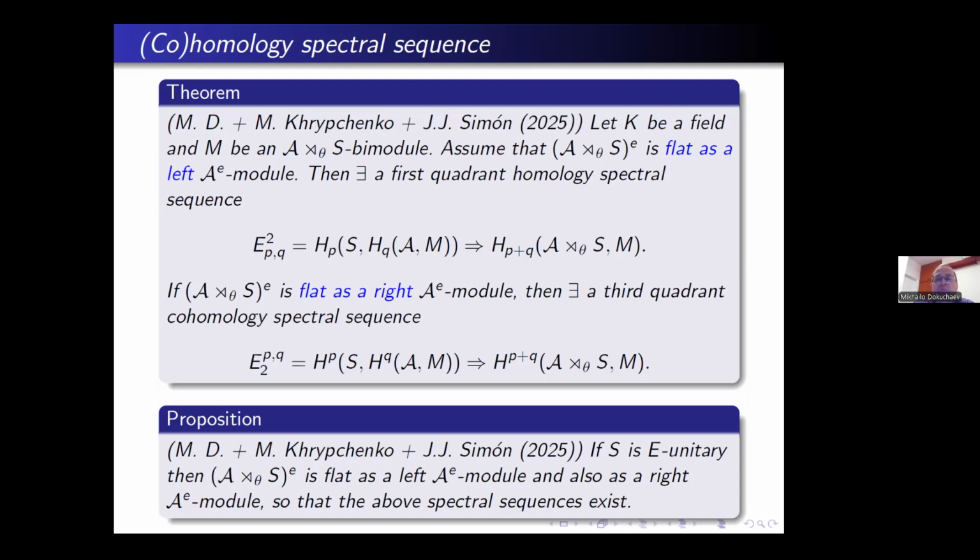It's flat from the left and from the right. So both of these spectral sequences work in the case where S is E-unitary. Then this flatness condition is automatic, guaranteed. We prove that.